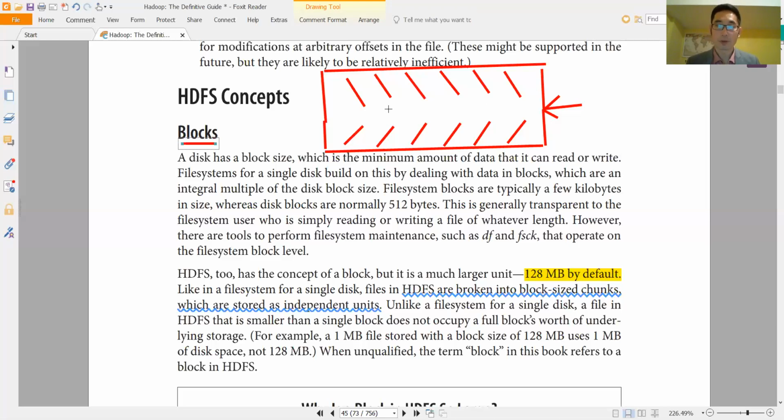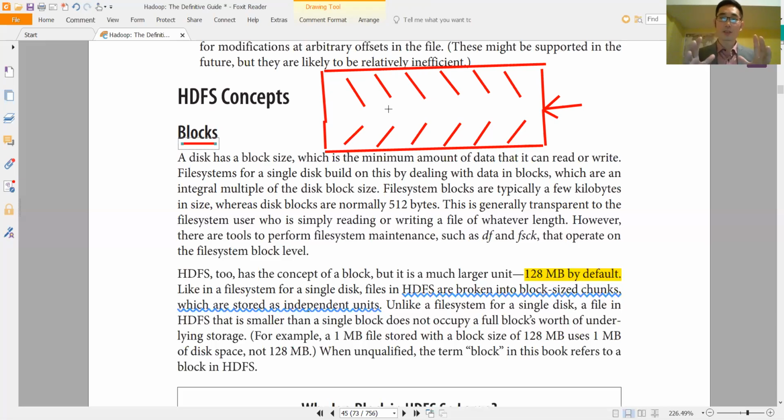Everybody has a PC, and you are using one to watch this lecture. Inside the PC, there are one or two disks. That's the file storage media.